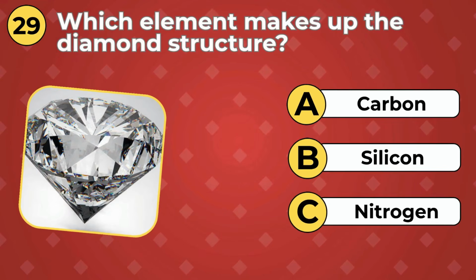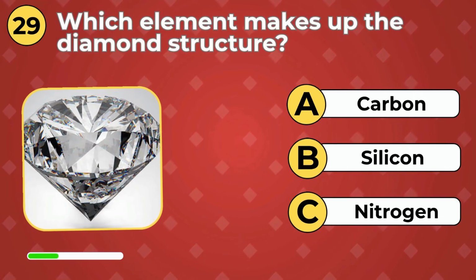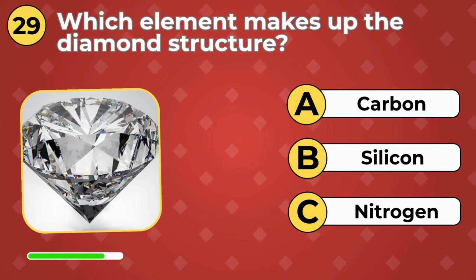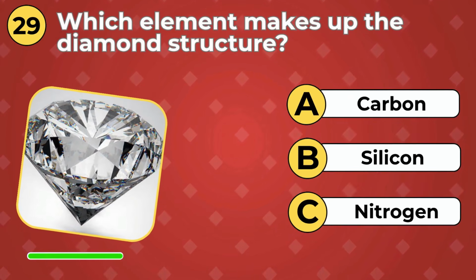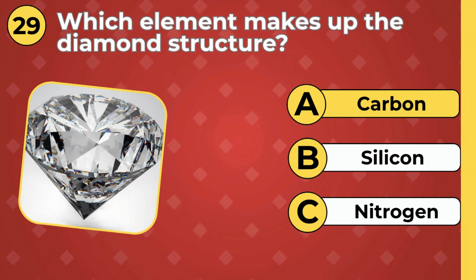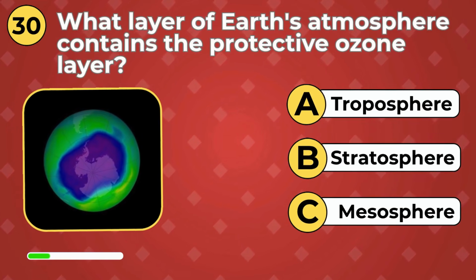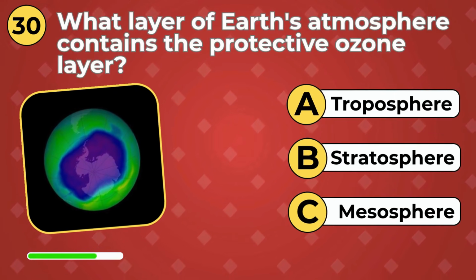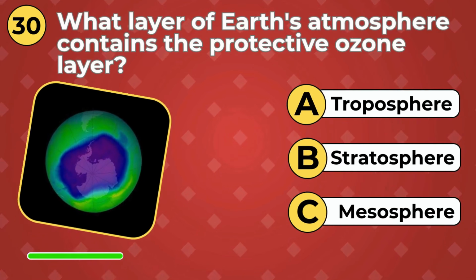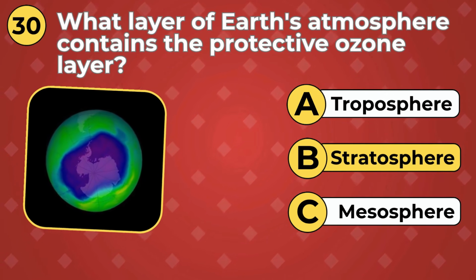Newtons. Which element makes up the diamond structure? Carbon, silicon, or nitrogen? Carbon. What layer of Earth's atmosphere contains the protective ozone layer? The stratosphere.